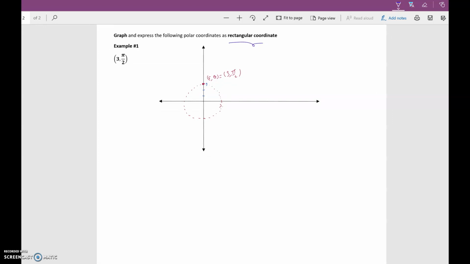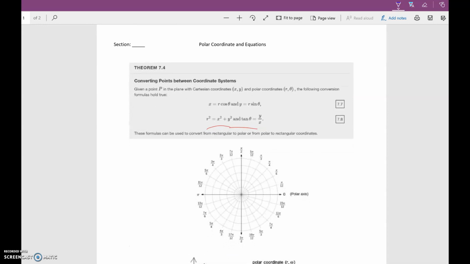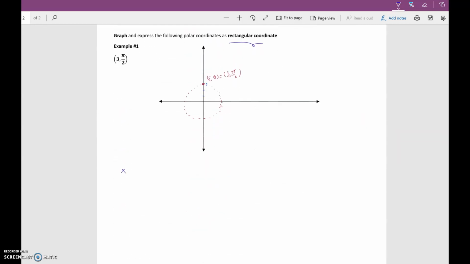So in order to express them with a rectangular coordinate point system, you're going to use these formulas. Your x is equal to r cosine theta, your y is equal to r sine theta, and that will do it.